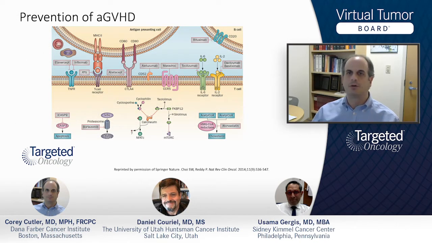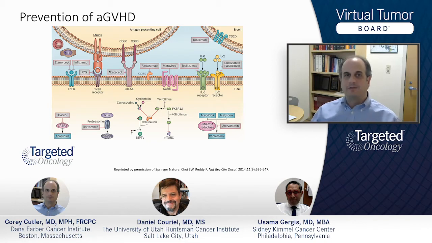When we talk about graft-versus-host disease, almost all of our patients require some form of prevention for GvHD. Shown here on this slide are a number of molecular pathways and targets that we use to try to prevent graft-versus-host disease. It turns out that most of these pathways are also active when we are talking about treating acute graft-versus-host disease.